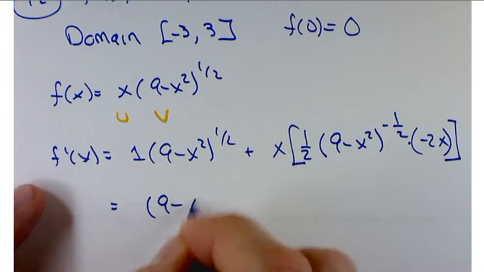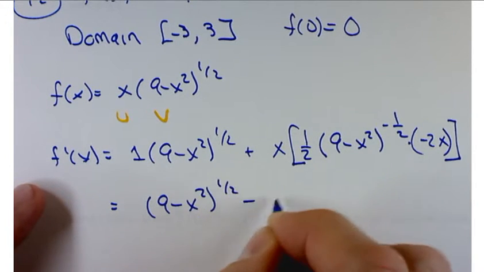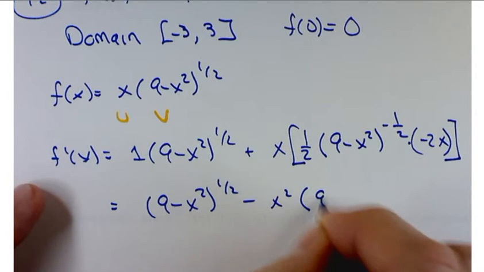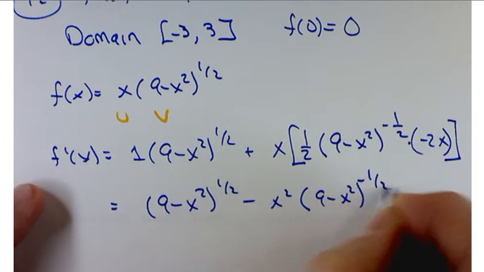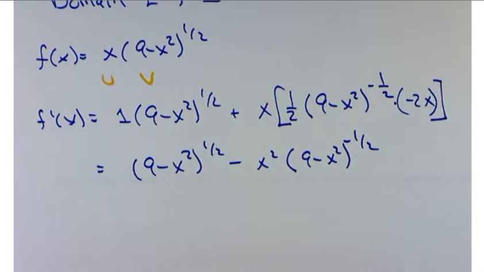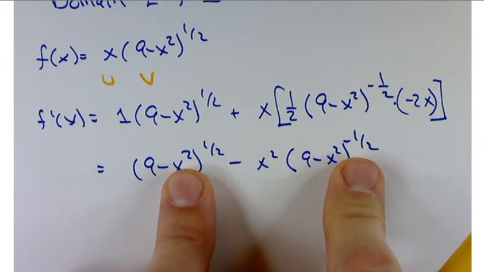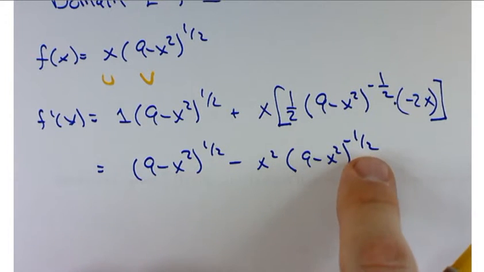I think you know what's coming next, right? We've seen this 4 times before. Factor out which term? Perfect. Of these two terms that are in common, choose the one with the smallest exponent and factor that out. So we're going to factor out 9 minus x squared to the minus 1/2.